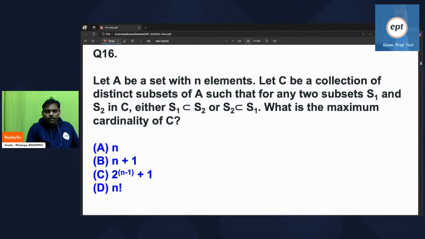If you read this problem properly: a set A with n elements, C is a collection of distinct subsets of A such that for any two subsets S1 and S2 in C, either S1 is a subset of S2 or S2 is a subset of S1. What is the maximum cardinality of C?